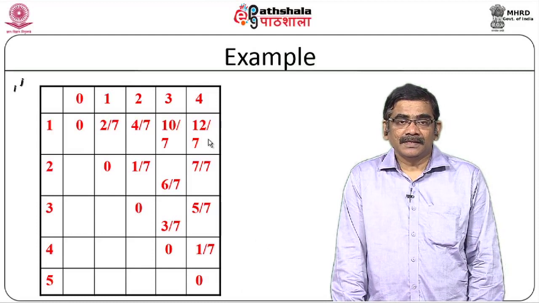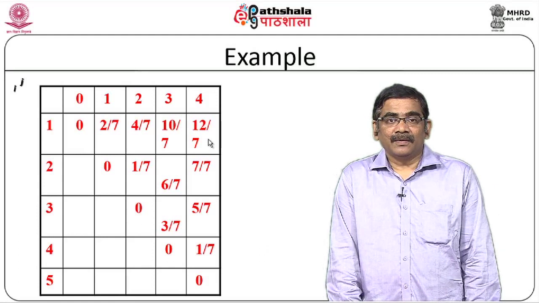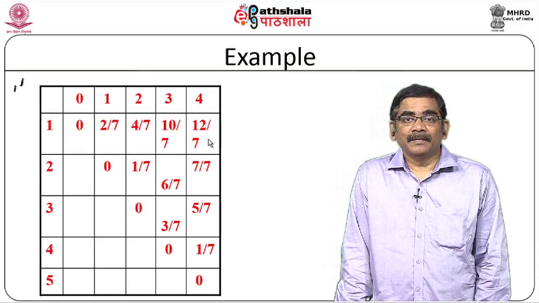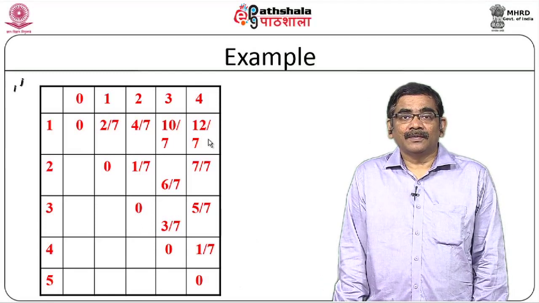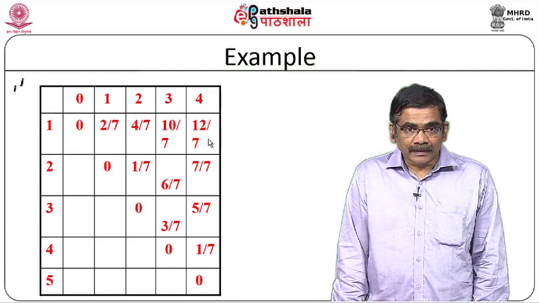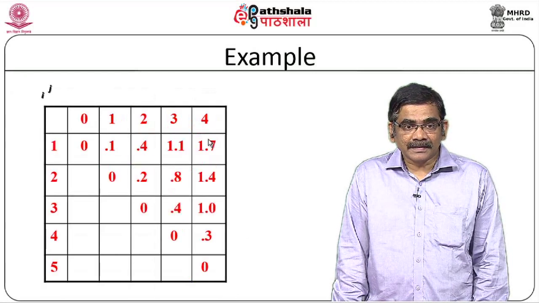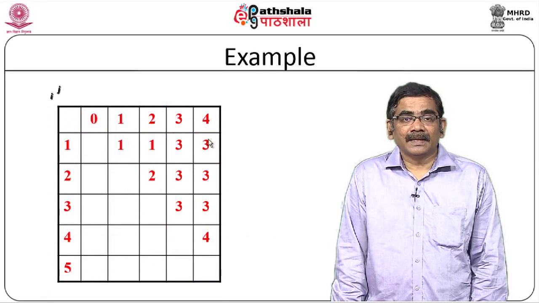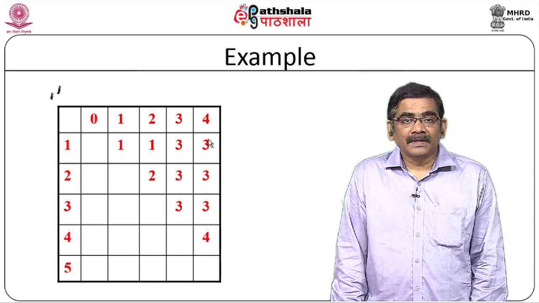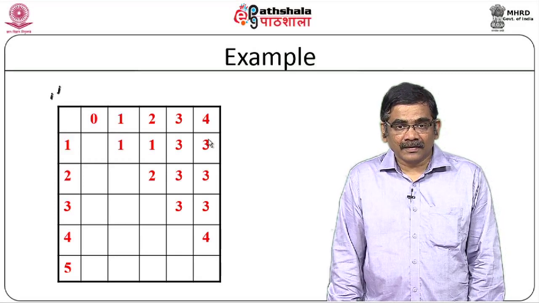Whenever we are trying out all these possibilities, we have to find the minimum k and enter it into the table. That is what you can see entered into this table, where all these minimum k are recorded.